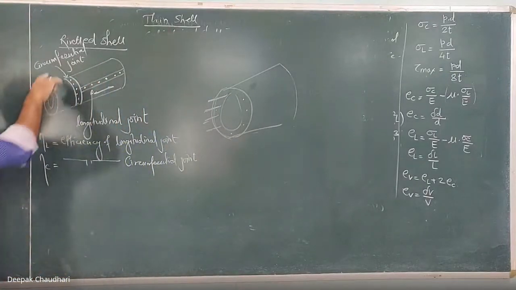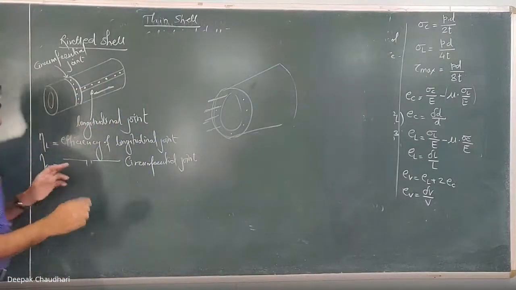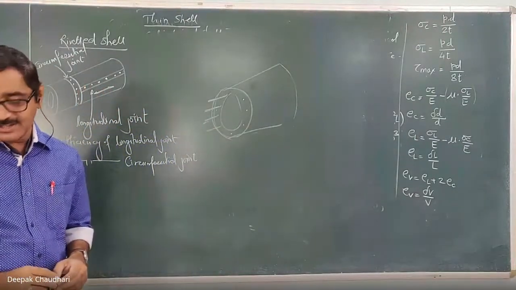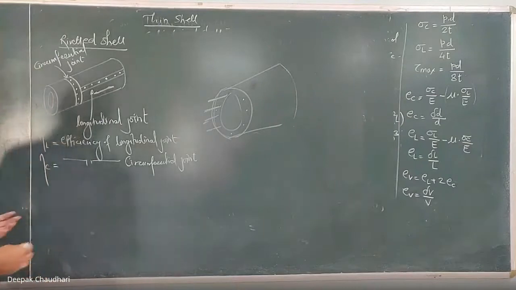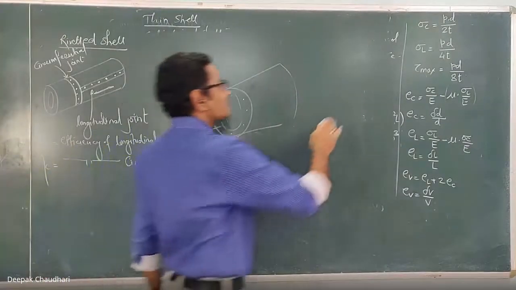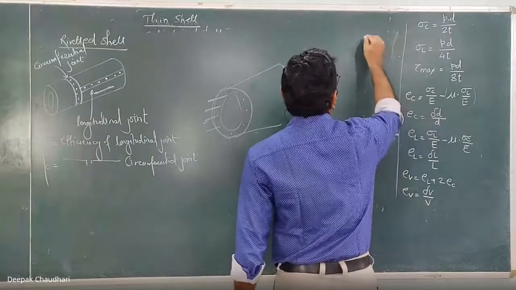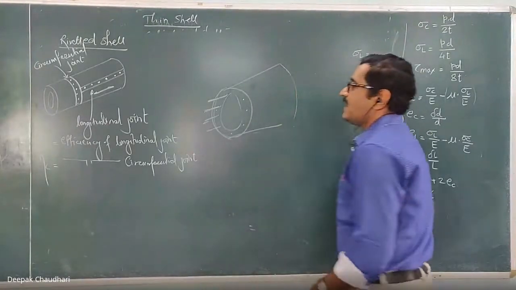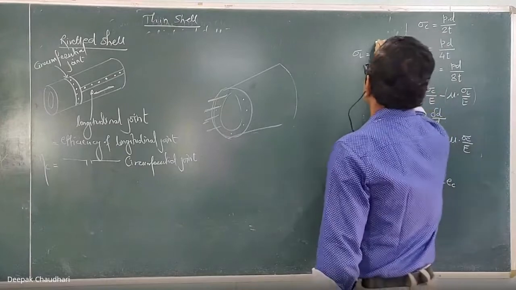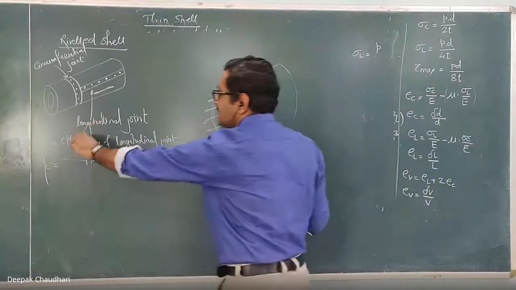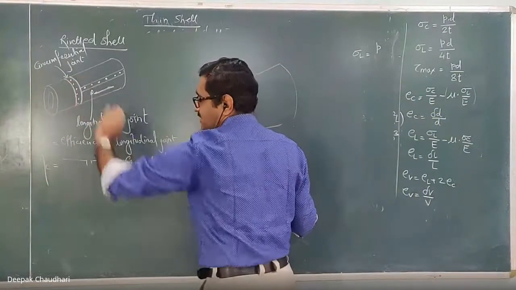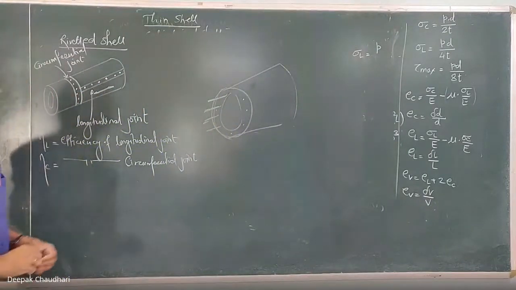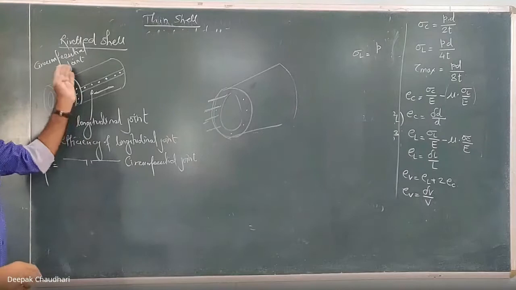So because of this circumferential joint, the longitudinal strength gets reduced. Understood? And because of this, when we calculate the longitudinal stress, we have to consider the efficiency of this circumferential joint.